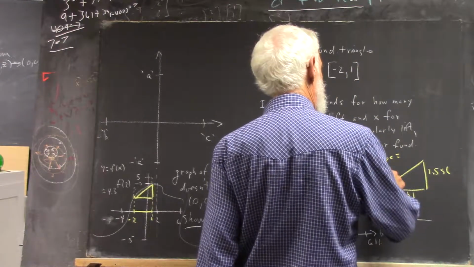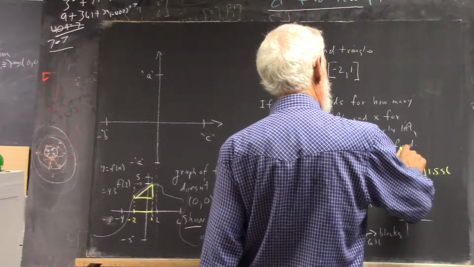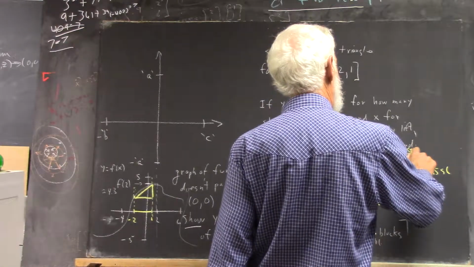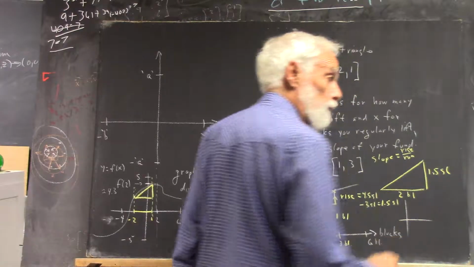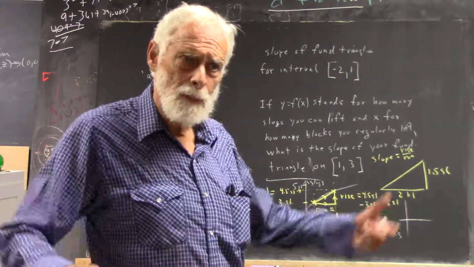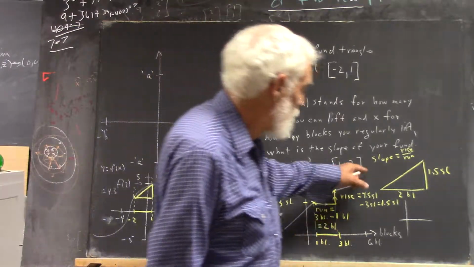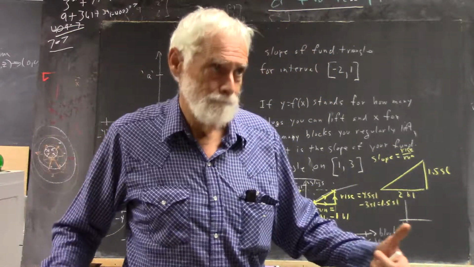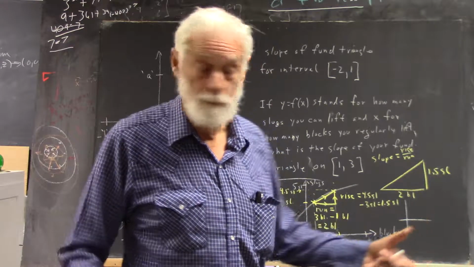So the slope equals rise over run. Make sure we got it in the right order because it's easy to get it wrong. And I'm seeing some of those errors. You want to get rid of that by writing everything out as I've asked you to do. Okay?